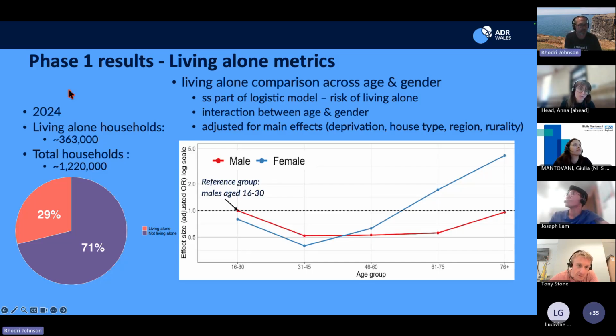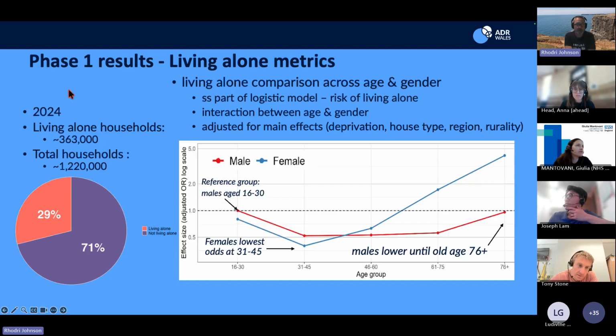males in the red, females in the blue. So for example, the red line, generally males have a lower risk of living alone up until they reach 76 plus, and for females that's kind of different.